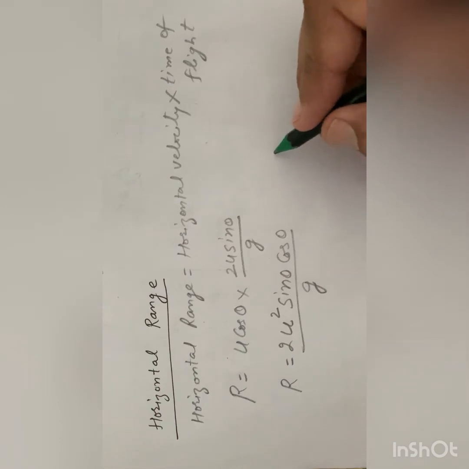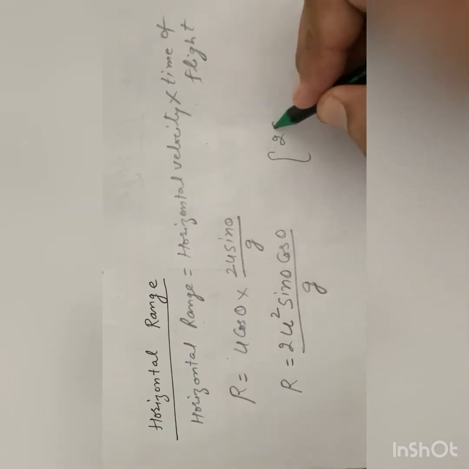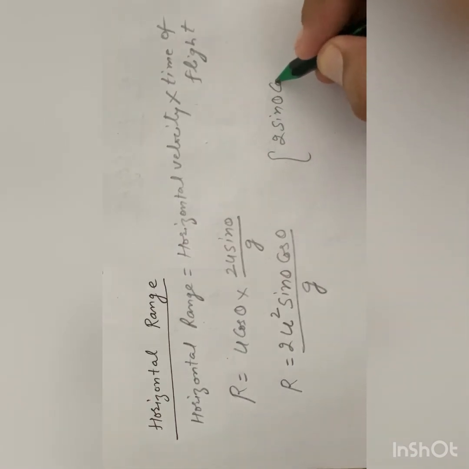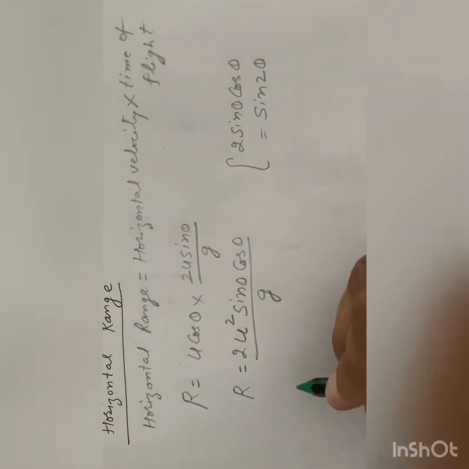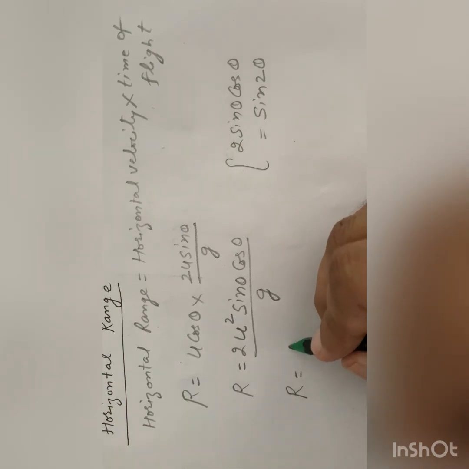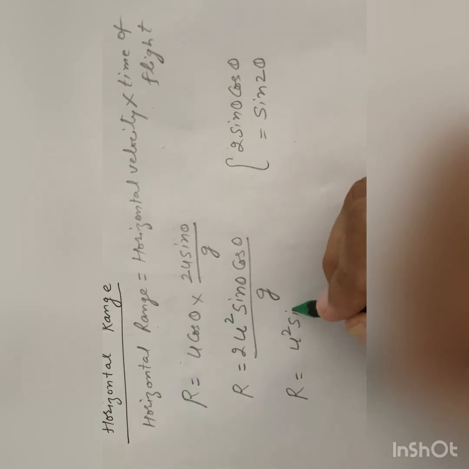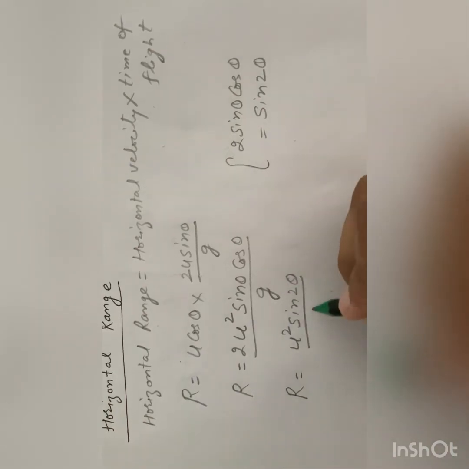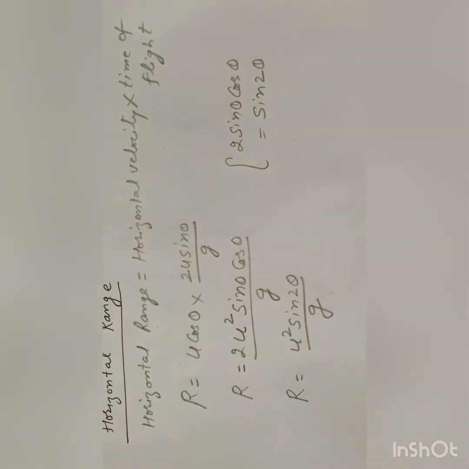We have 2 sin θ cos θ equal to sin 2θ. So we can write horizontal range R equal to u square sin 2θ over g. So this is the horizontal range.